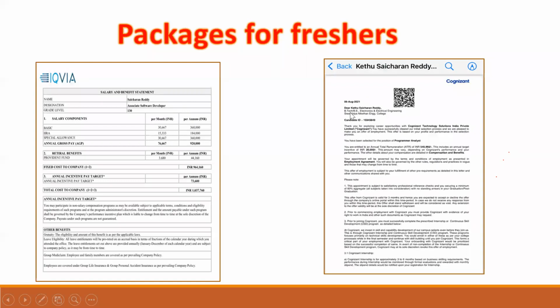Fresher, BTech BE Electrical Engineering, Sri Vidyaniketan Engineering College. Here they offered 5.4. After that, he attended one more interview, IQVIA, which is one of the product-based companies. Here they offered this much package. Clear?